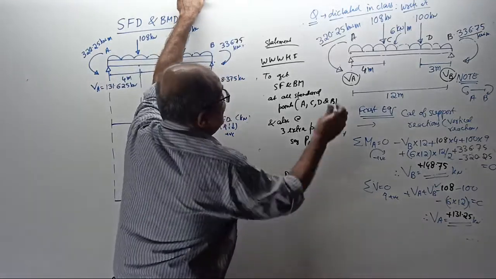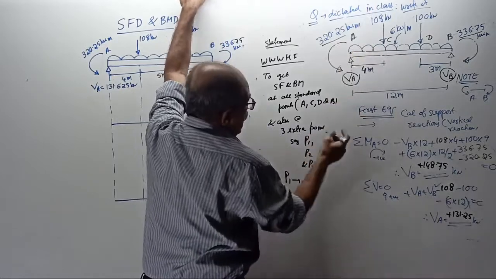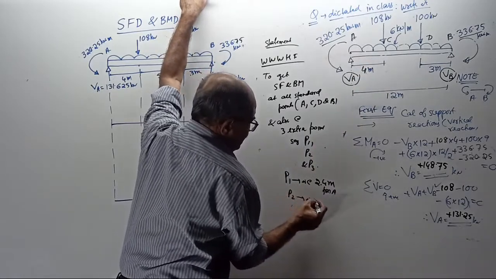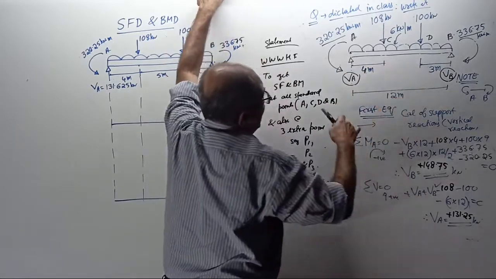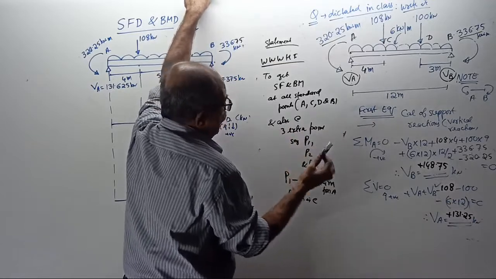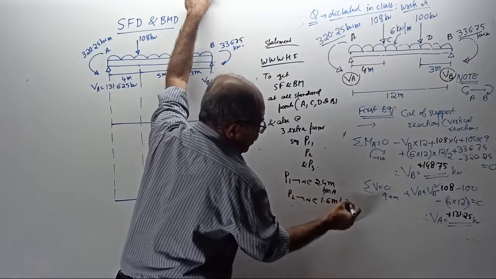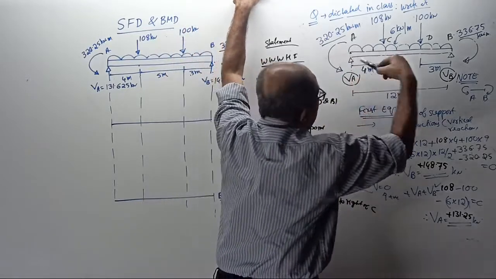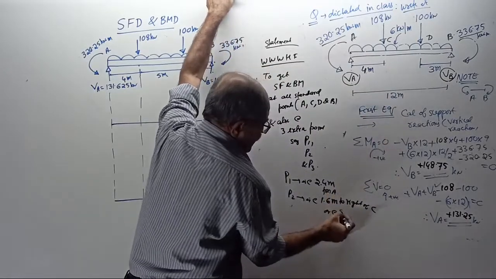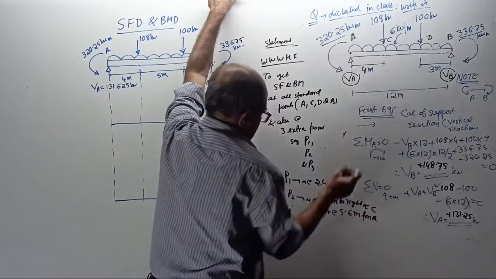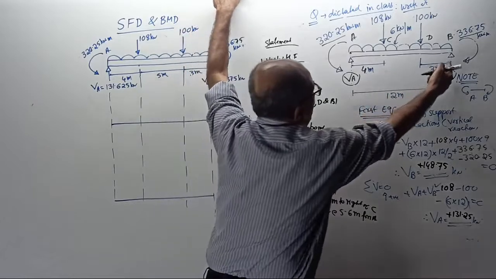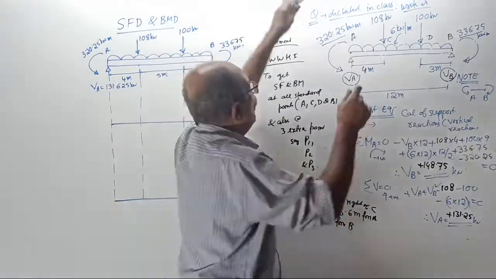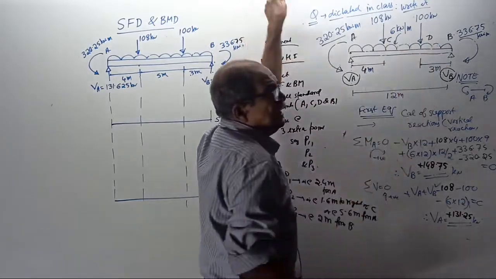P1 is somewhere between A and C, at 2.4 meter from A. Then P2 is after C, at 1.6 meter to the right of C, or 4 plus 1.6, 5.6 meter from A. The last one, P3, is 2 meter from B on the left side. On the right side there is no beam. So one point P1, one point P2, one point P3. Later I will mark them.